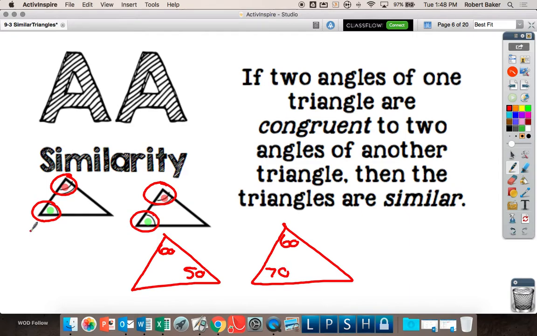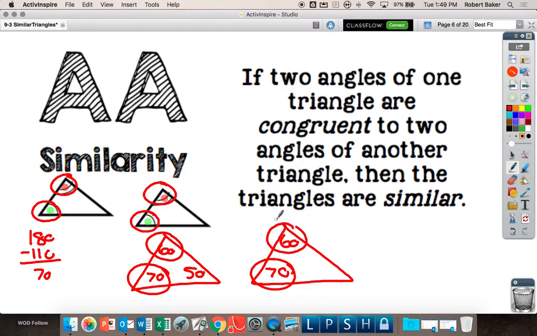So if I do 180 minus 60 and 50, that's 70. That means that this angle has to be 70 degrees. Does it have 2 sets of congruent angles? Yes. So why are those 2 triangles similar?